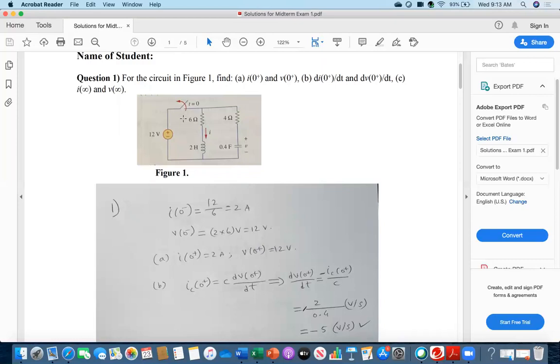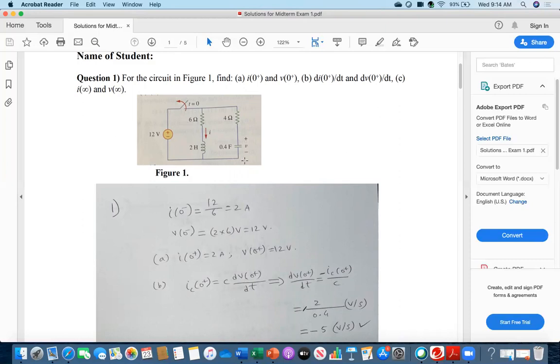When the switch was closed, this inductor was shorted and the capacitor was open circuited. So all the current was flowing through the 2 Henry inductance only. This means the current was 12 over 6, which is 2 ampere.